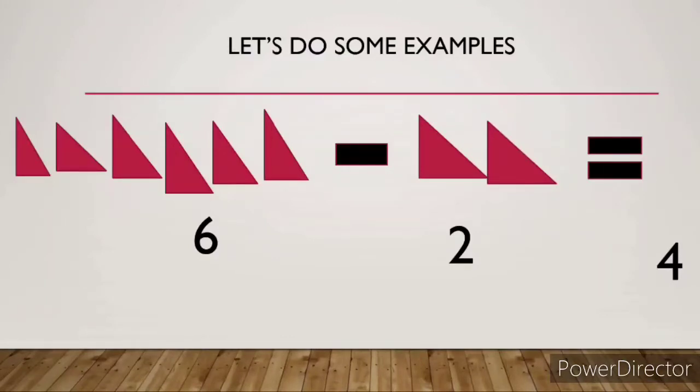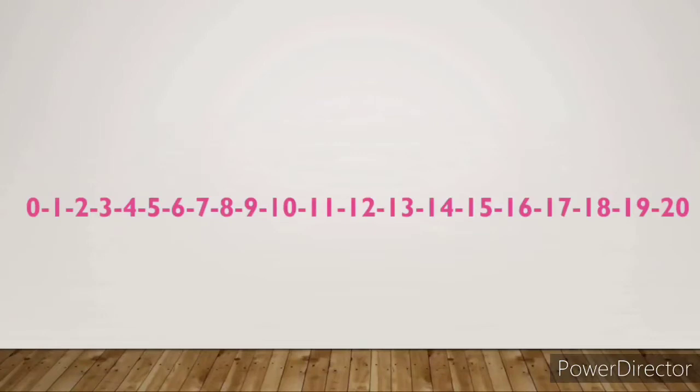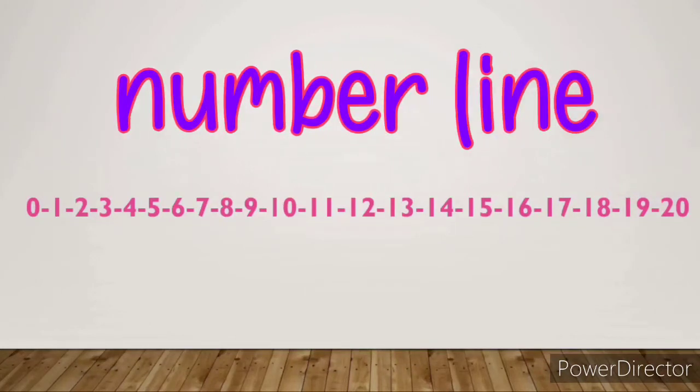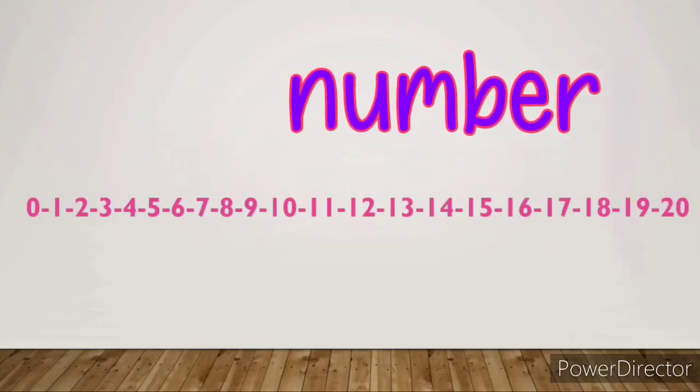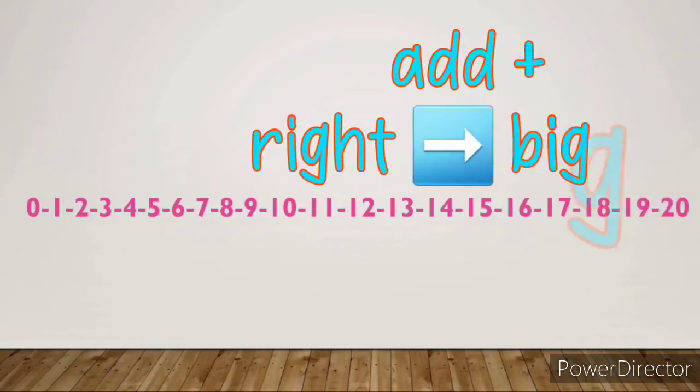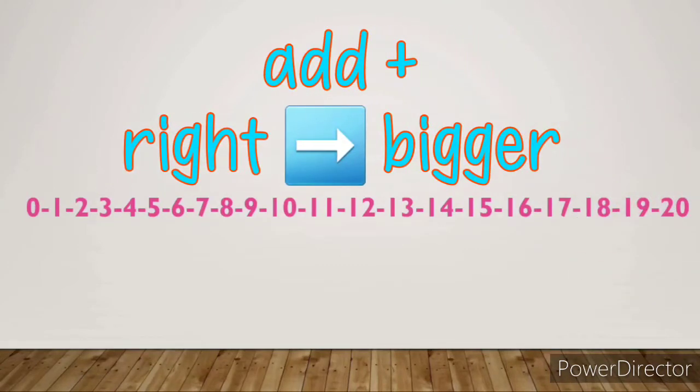So, Zoe, do you think you're ready for some examples? Well, let's try some. First, let's review our number line. I have the number line here from 0 to 20. When we used our number line to add, we moved our finger to the right and our numbers got bigger.